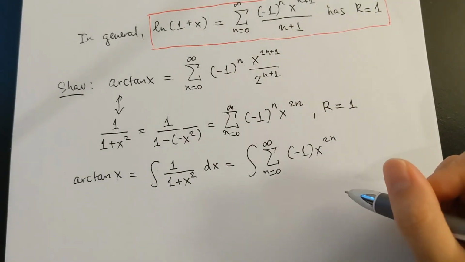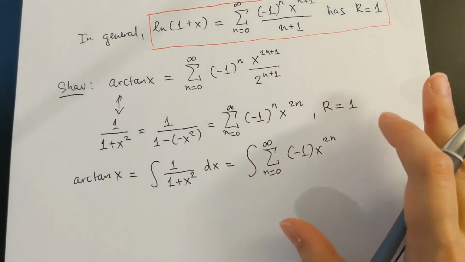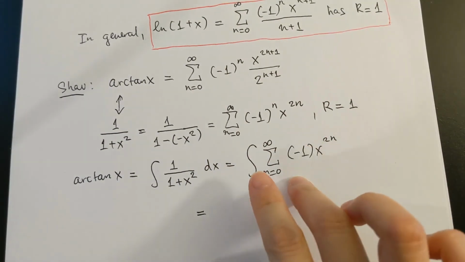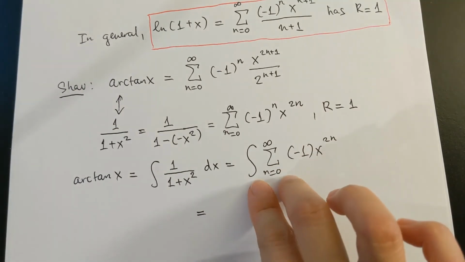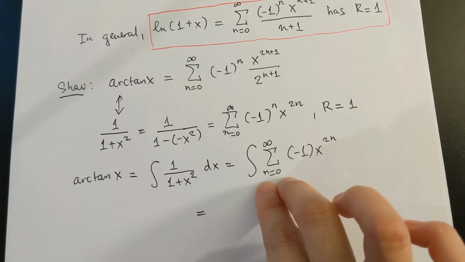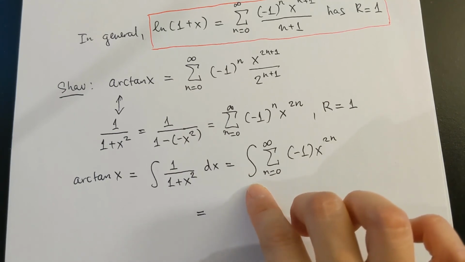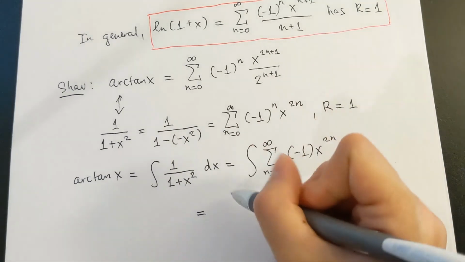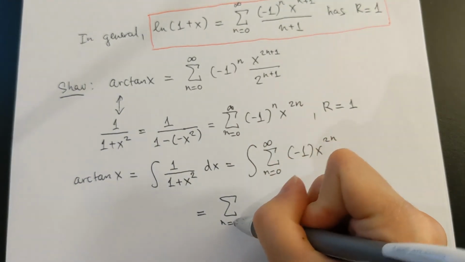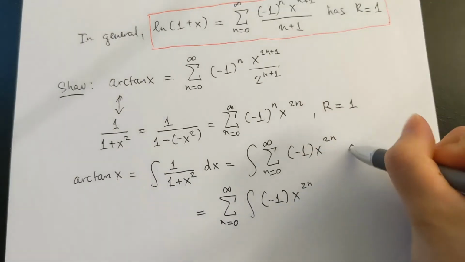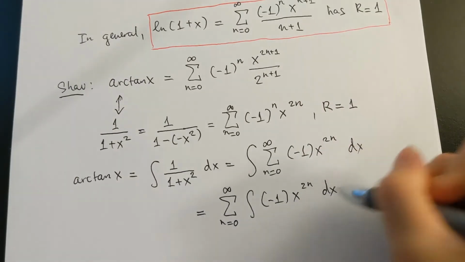I won't list the terms here, I will just do it generally for n. So here's the tip. These things are continuous, so you can switch the sum and the integral; the integral of a sum is a sum of integrals.